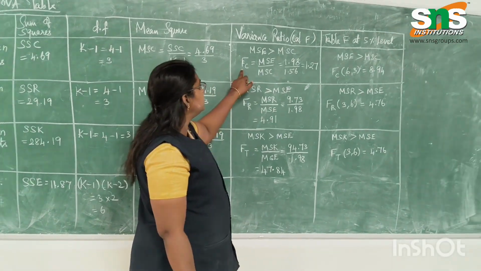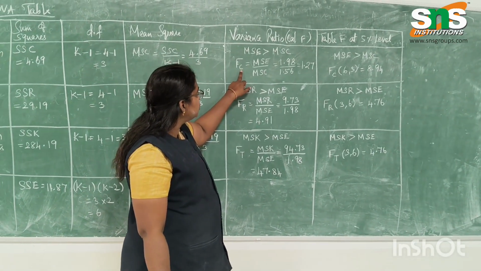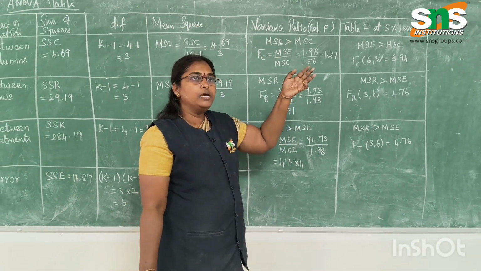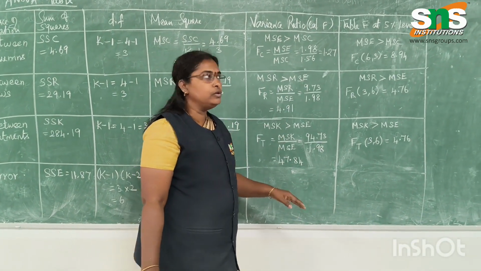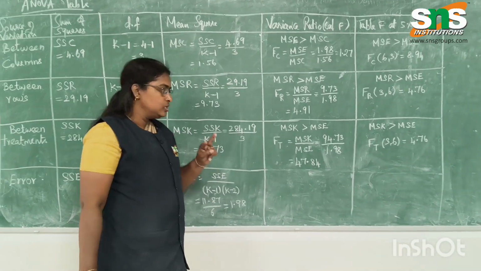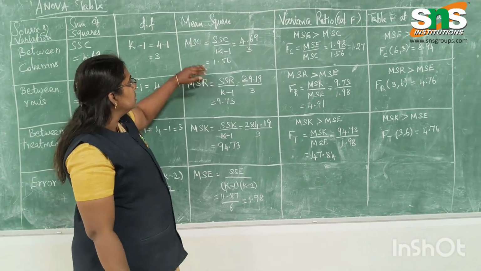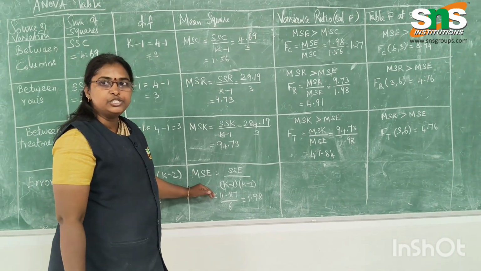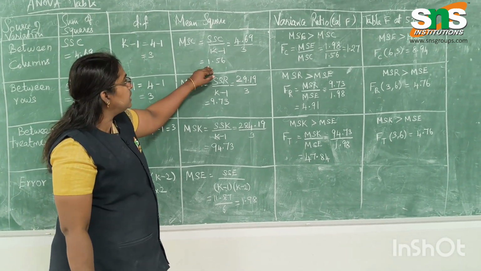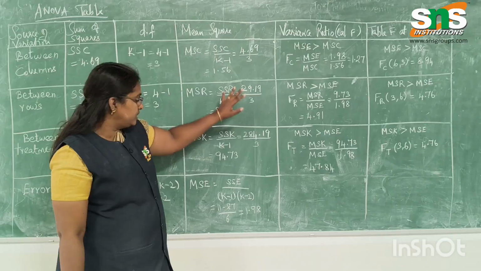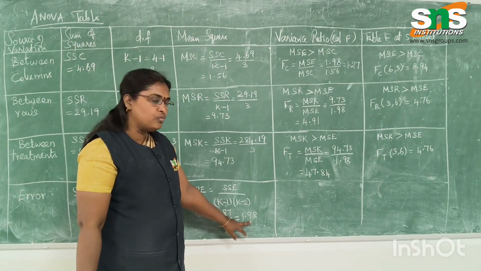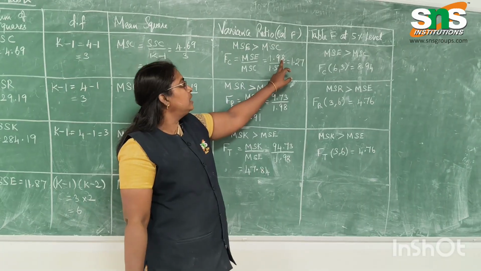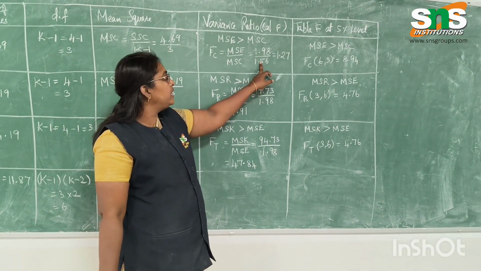The F test formula is the greatest value divided by the smallest value. We compare the mean square column wise and the mean square error. Here 1.56 and 1.98, so 1.98 is the greatest value. Write it in the numerator and the smallest value in the denominator.